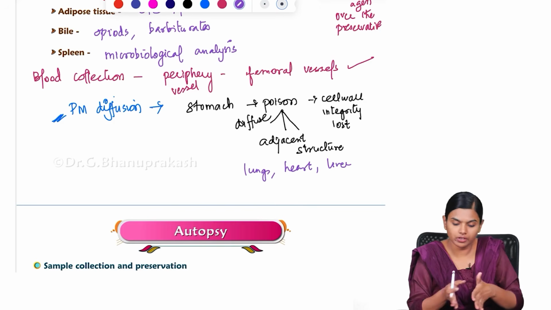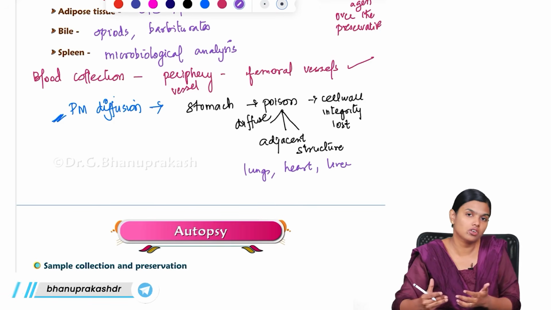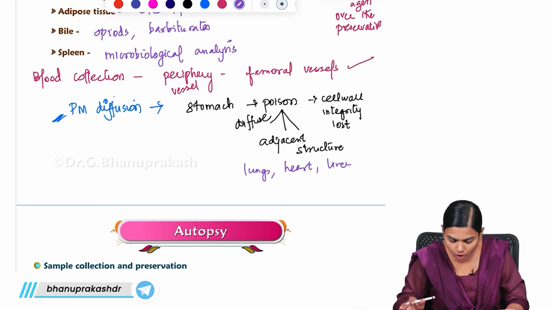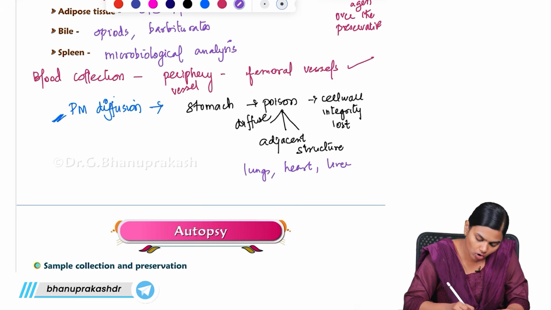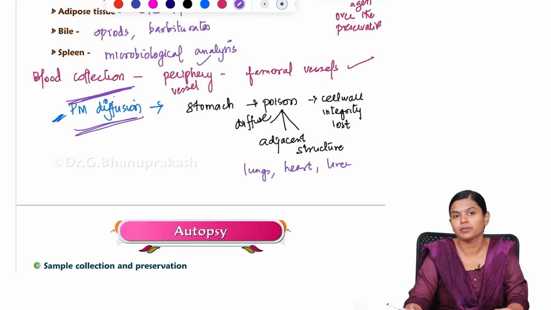So the poison will be diffusing into all these, and we might falsely think there was extra concentration of the poison, and that it could have been the cause. So in order to avoid this post-mortem diffusion phenomenon, we take blood from the peripheral vessel.